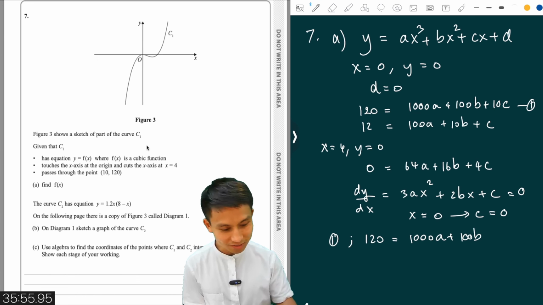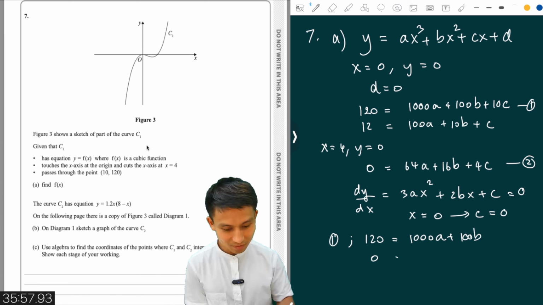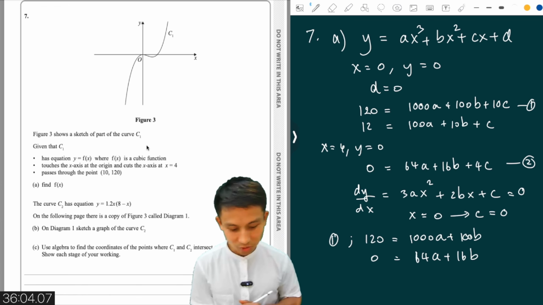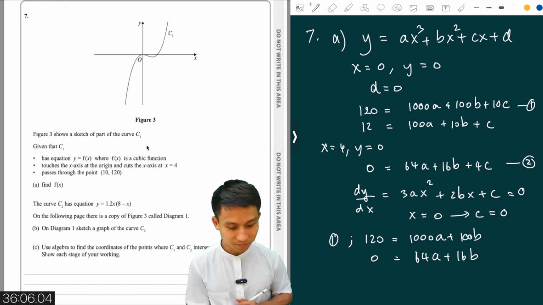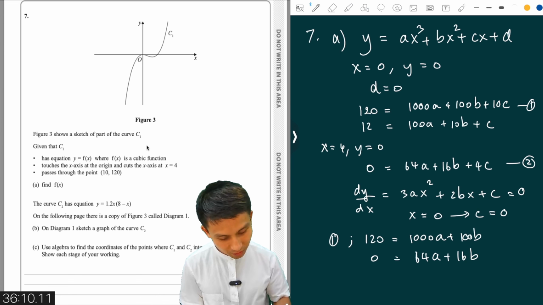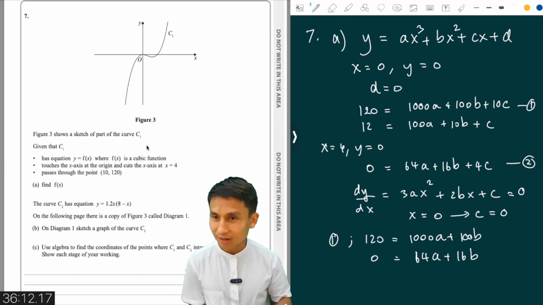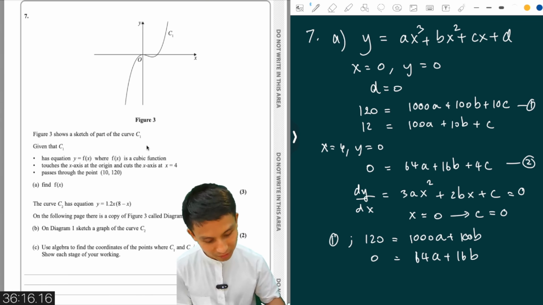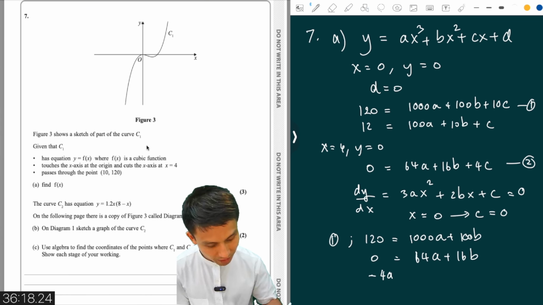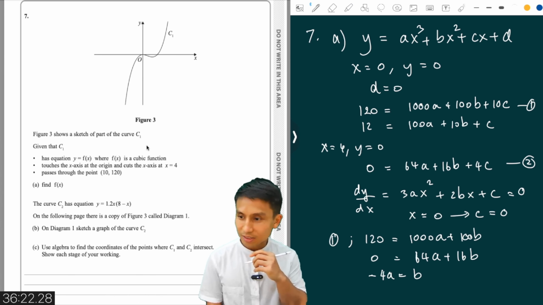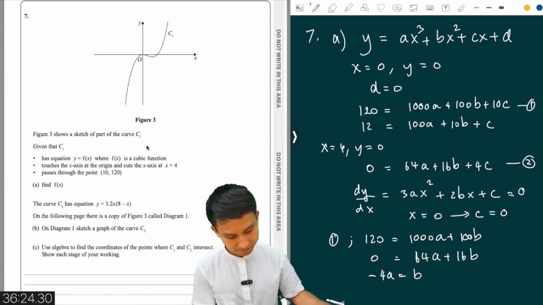And the second equation is here: 0 equals 64a plus 16b, because c goes to 0. So what can we do with these? Well, we just solve. If I move 64 to the other side and cancel by 16, I get minus 4a equals b.